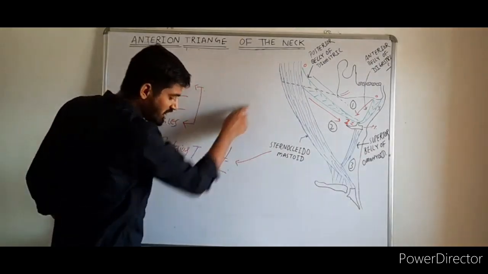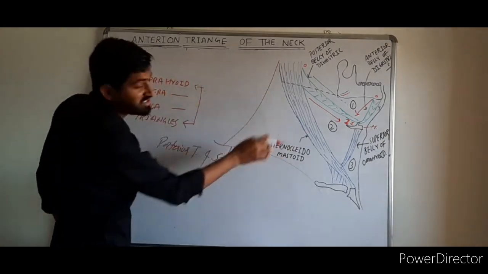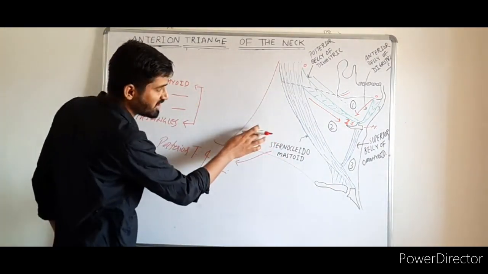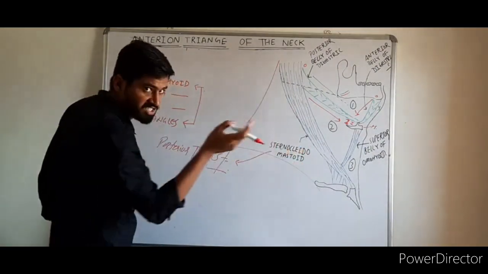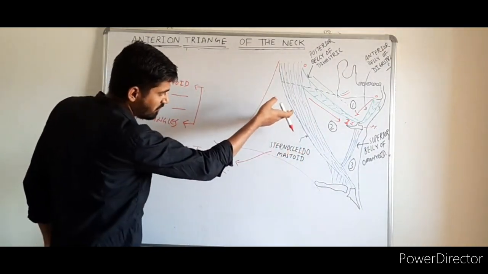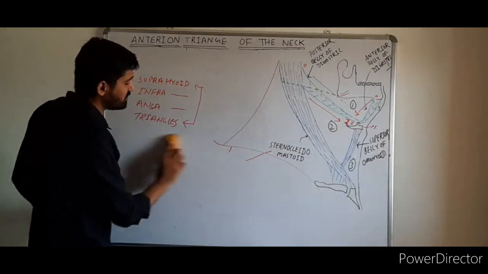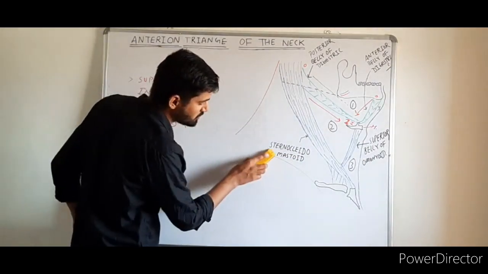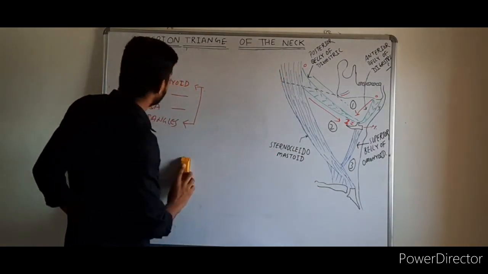So see, the posterior triangle, I am not explaining right now, but this is the posterior triangle. The structures in the posterior triangle are the same as the relations of the sternocleidomastoid. That's why in the next video I will teach you the sternocleidomastoid muscle. I will explain it with the posterior triangles.